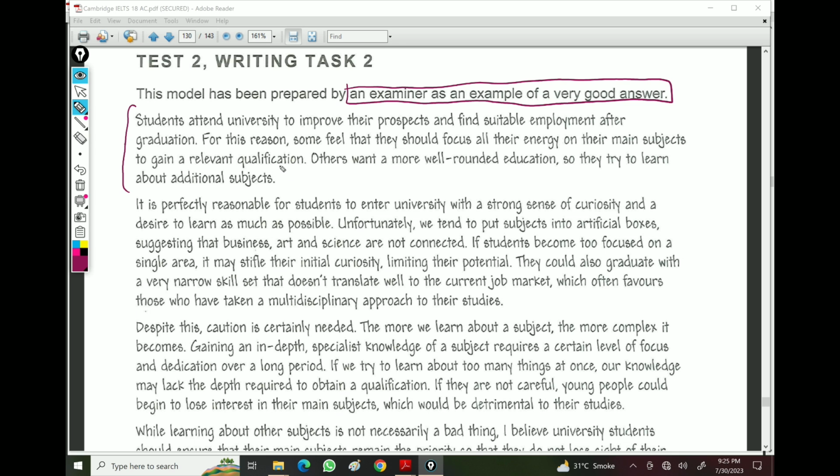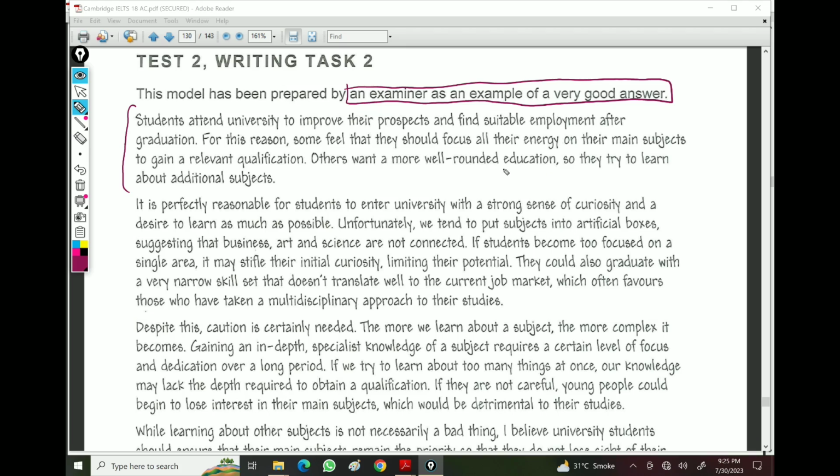Now, what is it? One side of the argument in a discussion essay that has been reworded. Sentence number 1, general sentence. Sentence number 2, one side of the argument has been reworded. Others want a more well-rounded education, so they try to learn about additional subjects. See that? Just 3 sentences and the first paragraph is complete. Very, very simple.